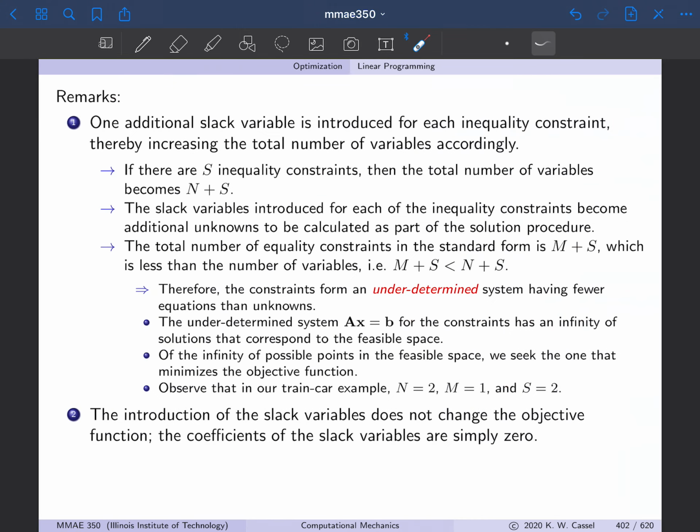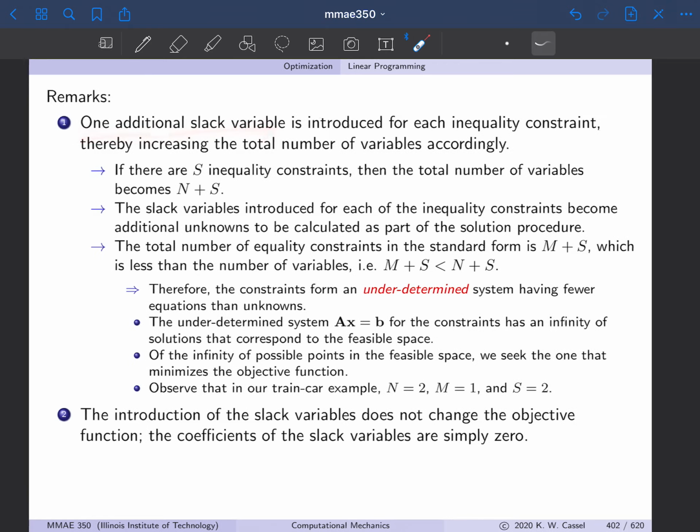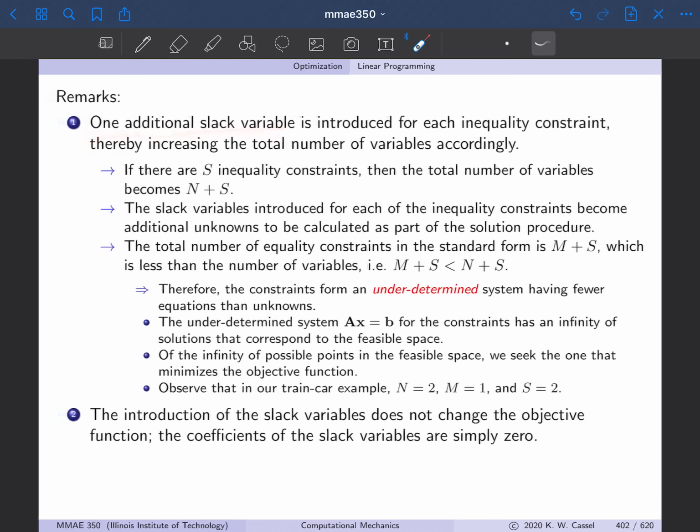A couple comments on this. There's going to be one additional slack variable for each inequality constraint. So you're going to do this for each inequality constraint. If there are S inequality constraints, then there's going to be S slack variables.